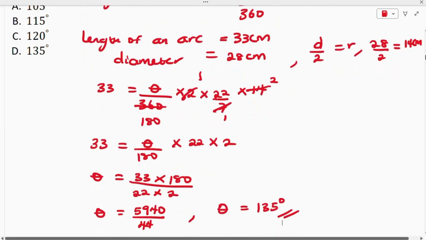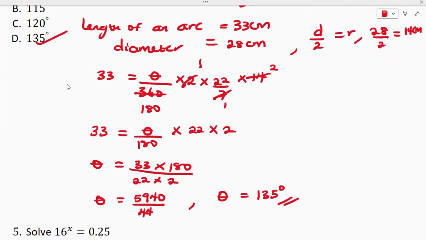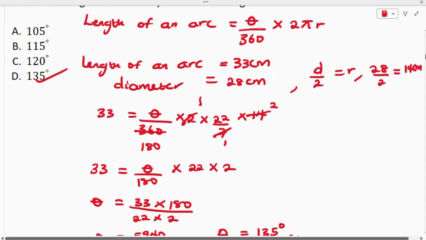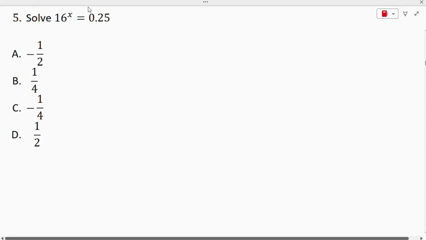So taking a look at the options right here, we have D to be the correct answer. So guys, that is how you can solve this question right here. So let's take a look at question number 5. Alright, so right here we have question number 5.